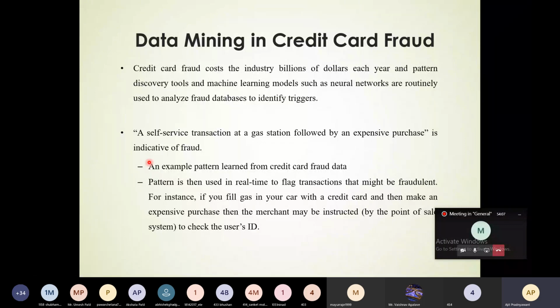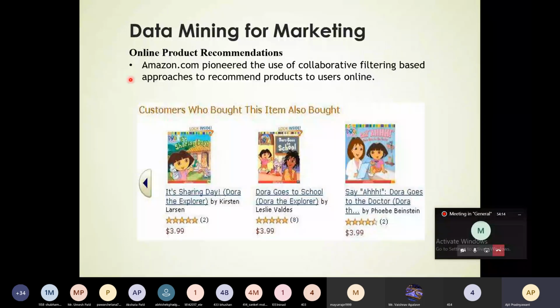This is the best example, and you have come across this example. Just understand data mining for marketing. Whenever you go to Amazon.com and purchase a particular item, it will show you links to items like this: customers who bought this item also bought these related items.